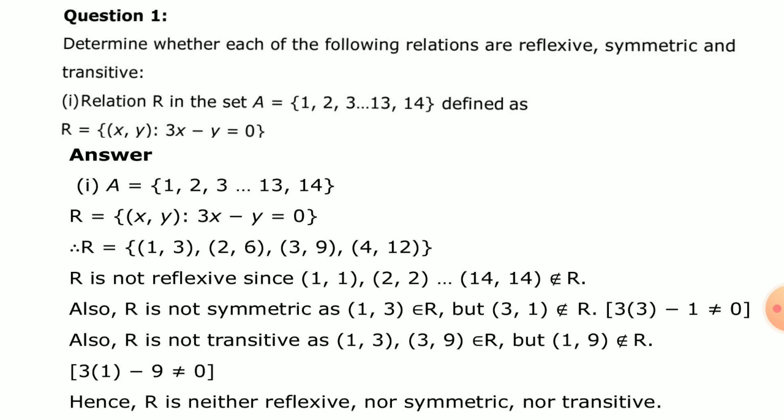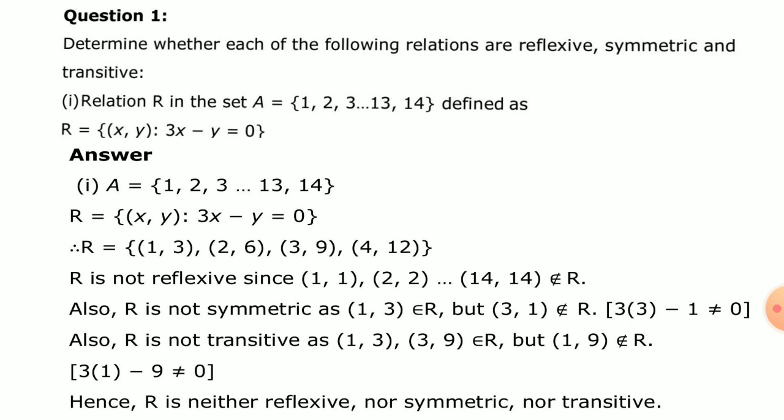So first of all, check the reflexive relation. (1, 1) does not belong to R, so therefore R is not a reflexive relation. Next, (1, 3) belongs to R, but (3, 1) does not belong to R. So therefore R is not a symmetric relation.